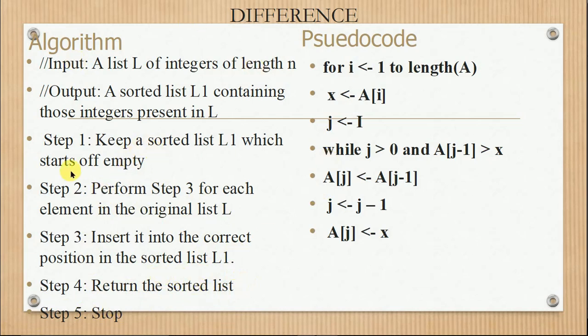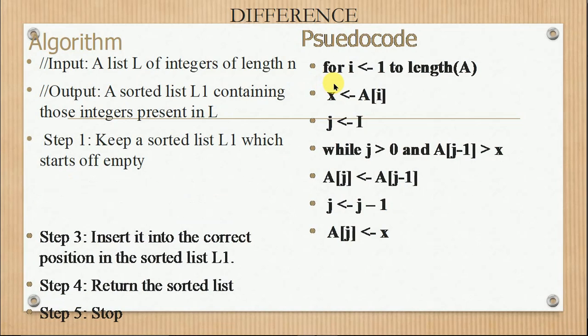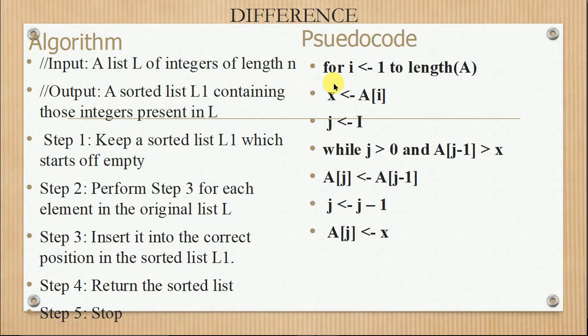So this is a template or blueprint for coding the problem in any language. Okay, keep a sorted list, then perform step 3, insert into the correct position in the sorted list.